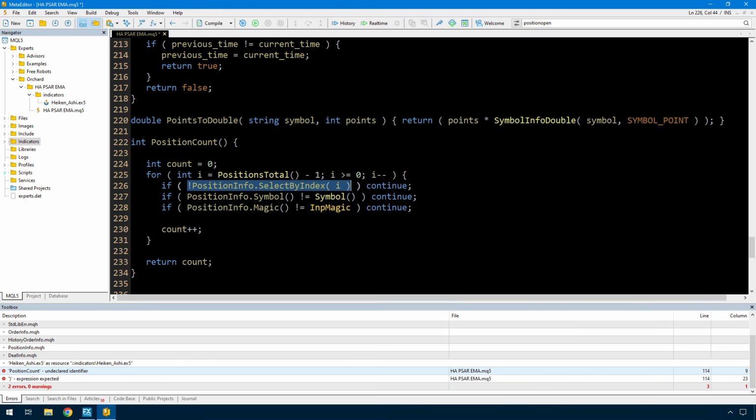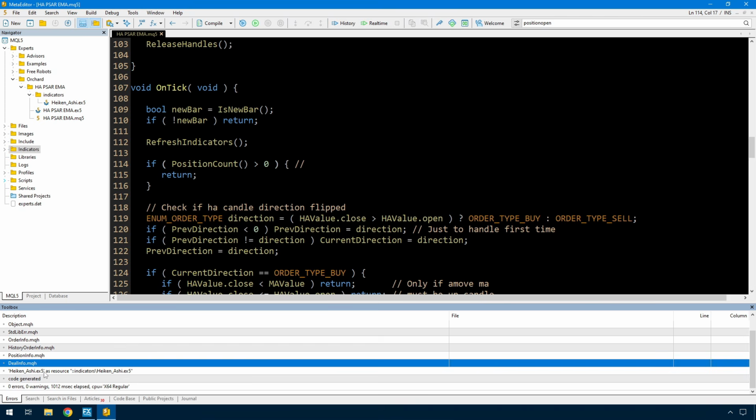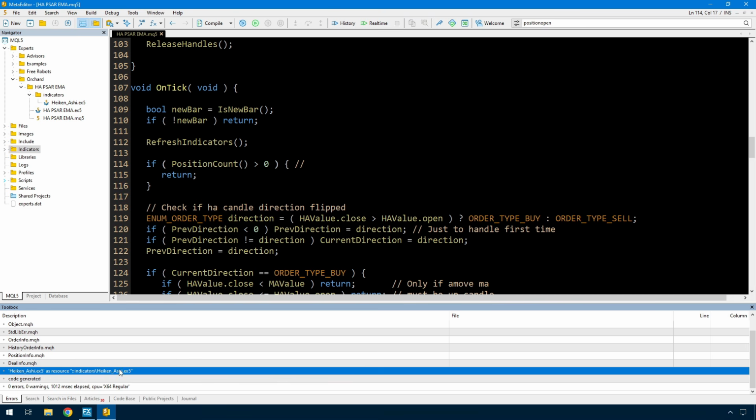Could be any number of reasons for that, but if that doesn't happen, then this continue will just skip over the rest of the code here. Then I also check the symbol is equal to the symbol and the magic number is equal to the input magic. And if all of those pass, I'm just count plus plus and then return count. So that's position count function. And that's all compiled, and you can see it's included the resource, the Heikin-Ashi EX5.